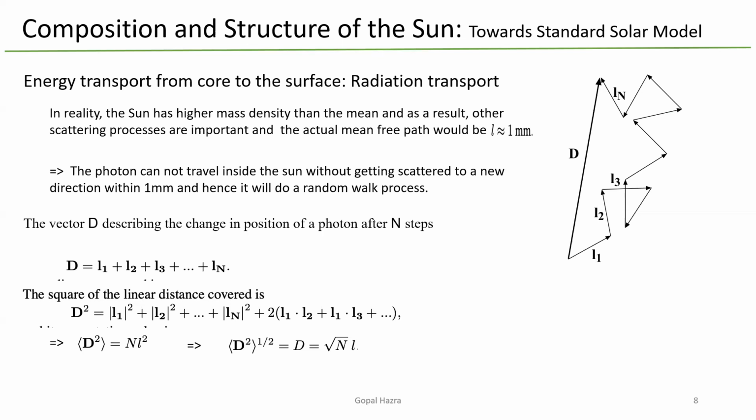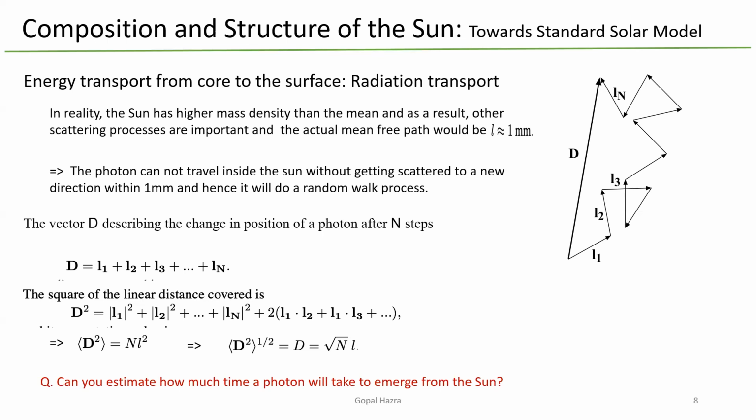And now I give you this question. Can you estimate how much time a photon will take to emerge from the sun? This is a very popular problem we did when we were in masters. And here also you can do it. So how will you approach this? That will give you the time, and how many steps it is taking, how do you calculate?